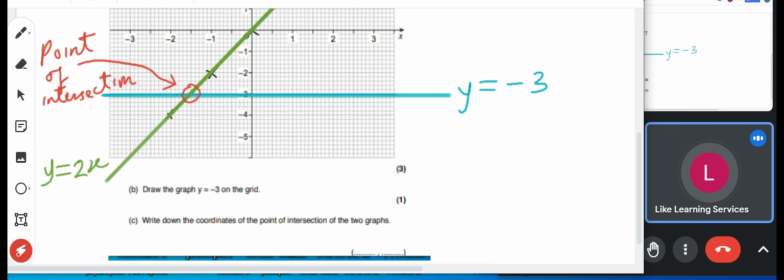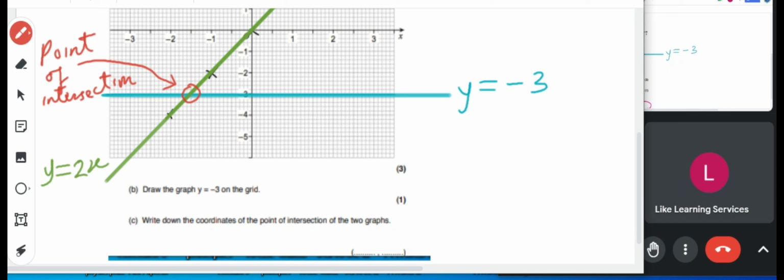Remember, when you're writing coordinates, you have to write the x value and the y value. What's the x value? Minus 1.5. And what's the y value? Minus 3. Okay, write the answer here.